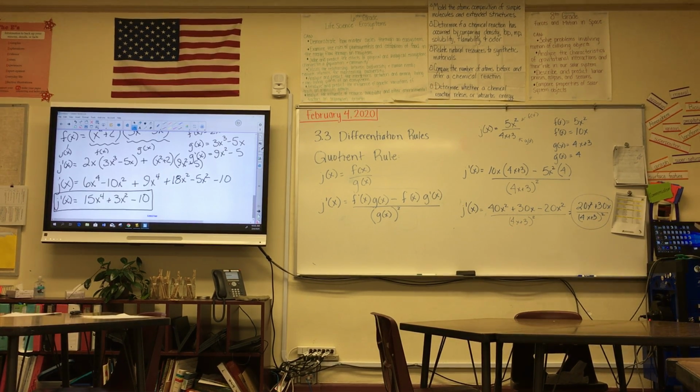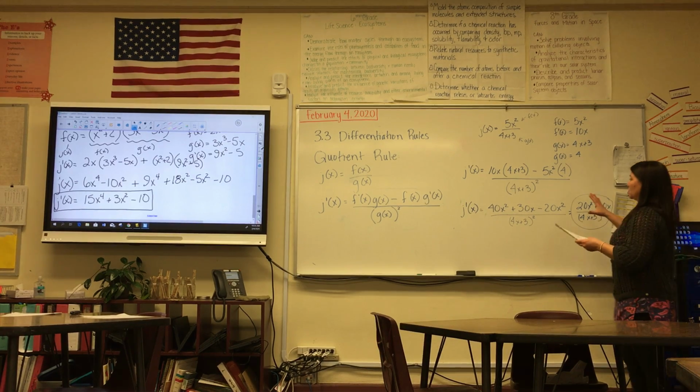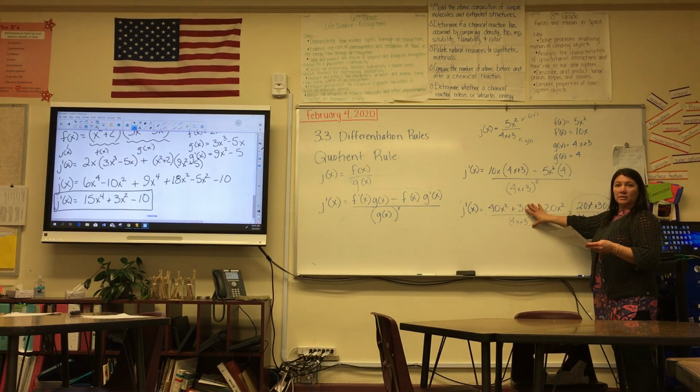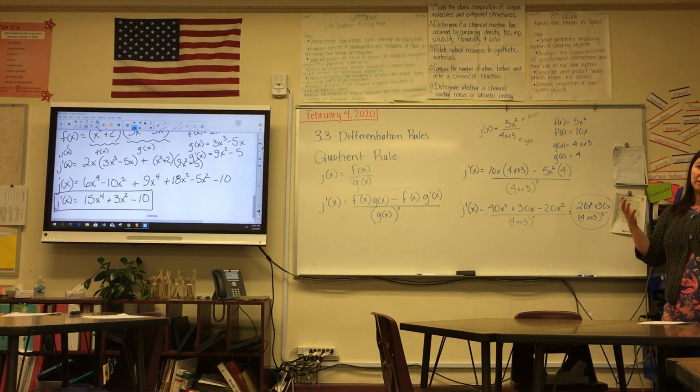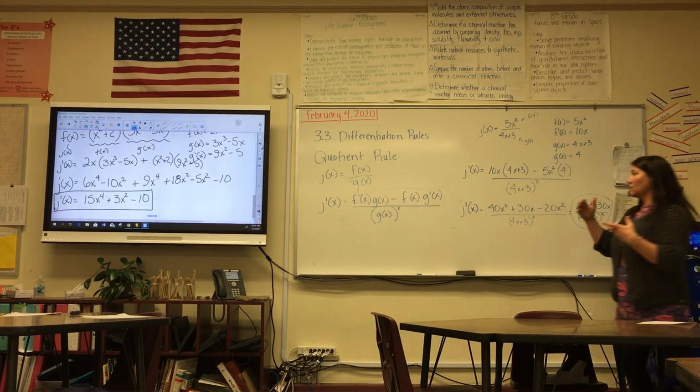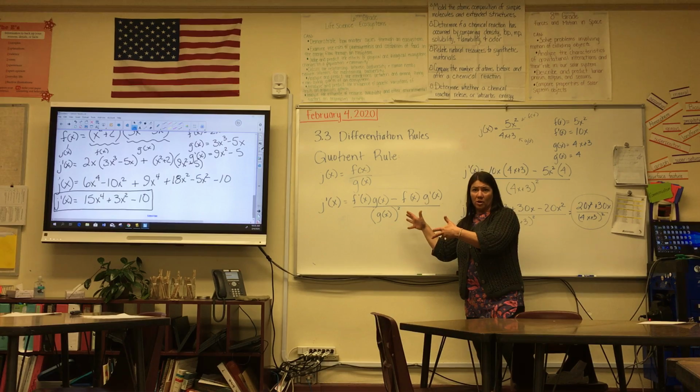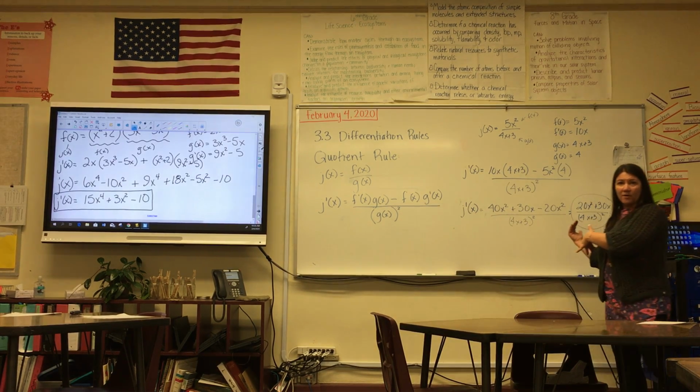Okay? So your homework today is just combinations of those rules to find derivatives. And yes? Do you ever want us to actually complete it out, or are you fine with just going farther than this? No, the only reason that you would want to is if it was really ugly and you still needed to put in an x value to find the actual slope, you might want to simplify a little bit farther.